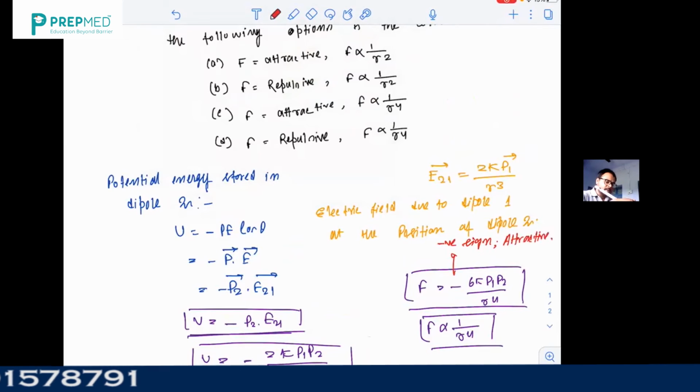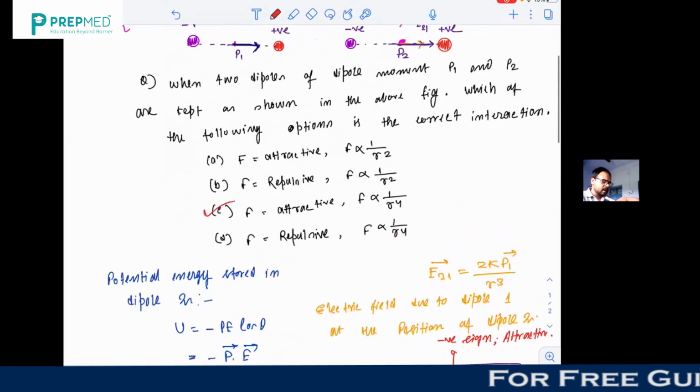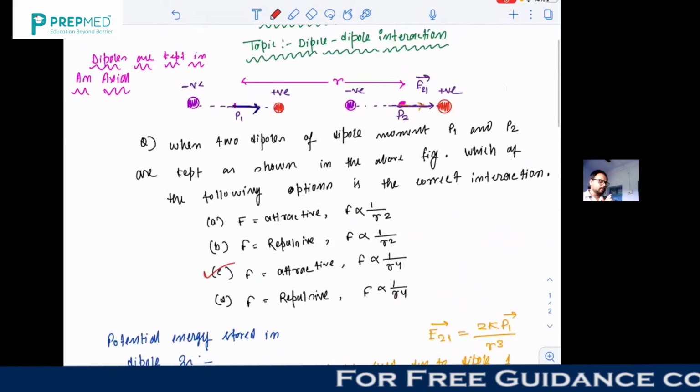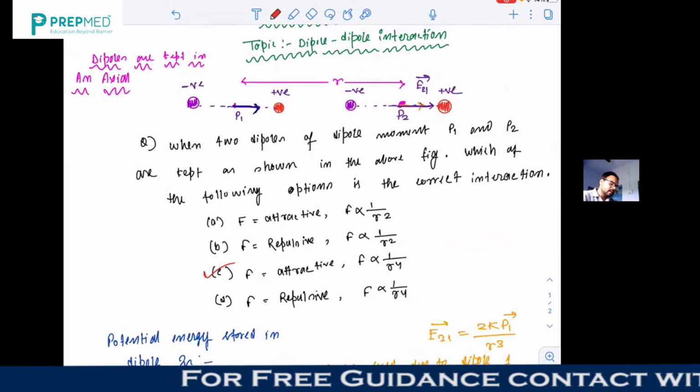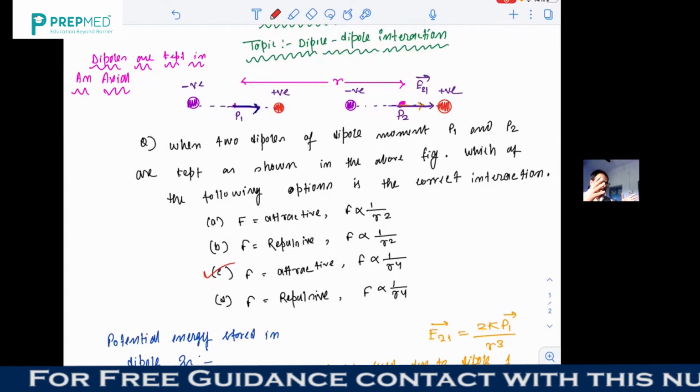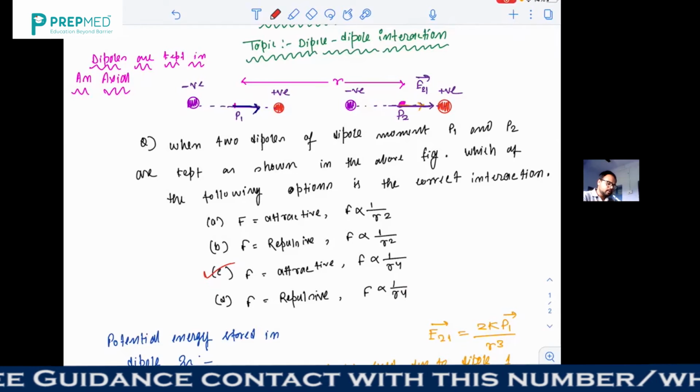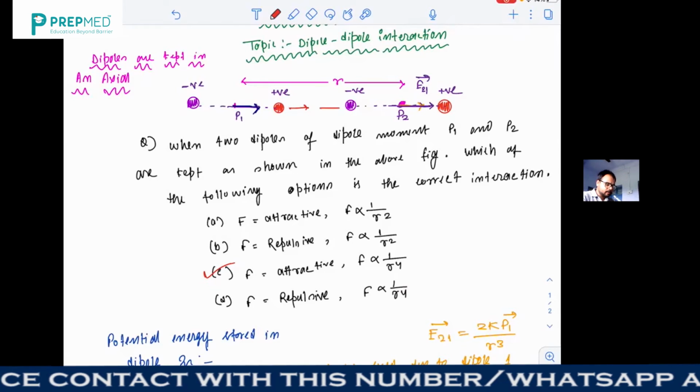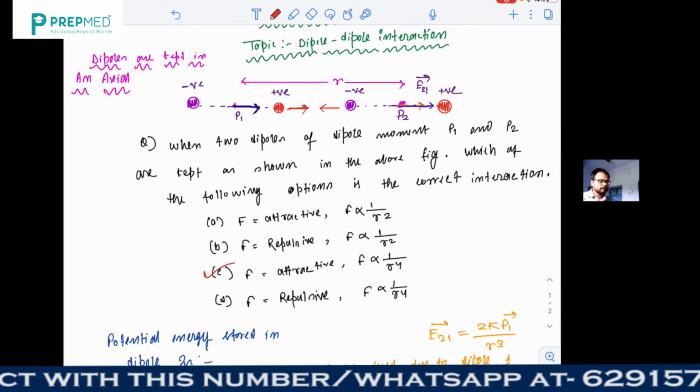So the correct answer will be option C. The force is attractive and it is proportional to 1 by r to the power 4. By common thought also, you can understand that positive and negative are close to each other, so a kind of attraction will take place between these two dipoles, right? So this is how we can find the answer.